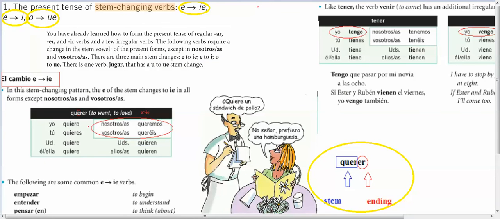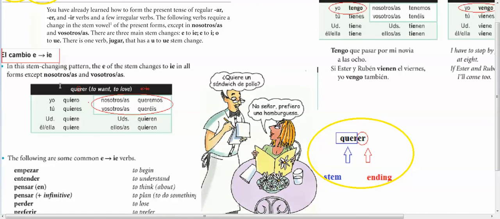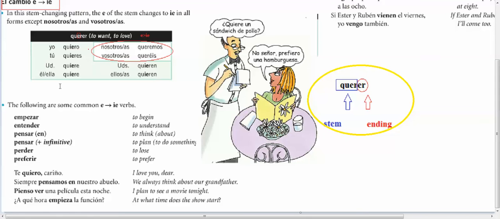Okay, so if we go back over here, here are some other verbs that are also E to IE stem changers. You've got empezar, to begin, entender, to understand, pensar, to think about, or to plan to do something, perder, to lose, and preferir, to prefer.